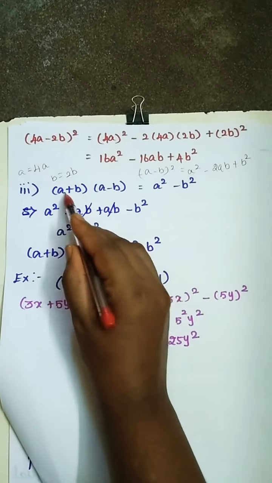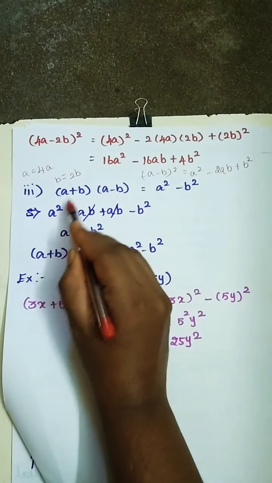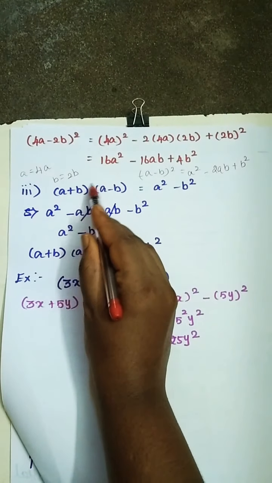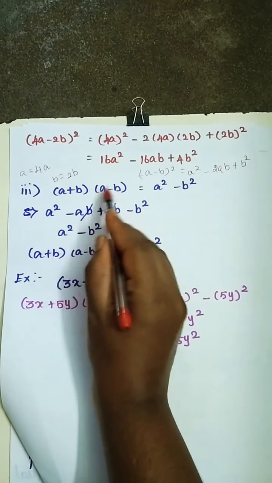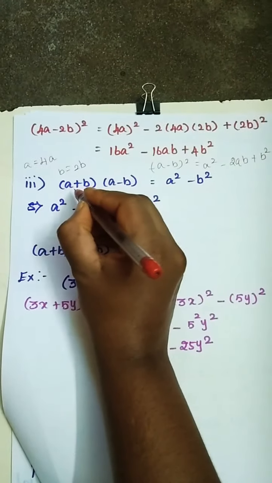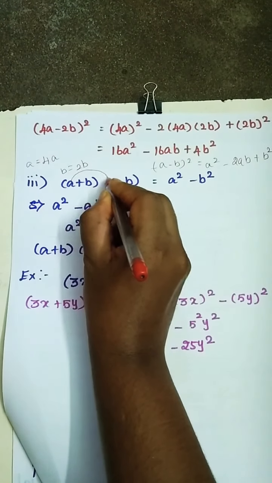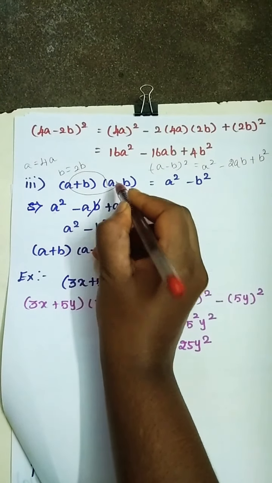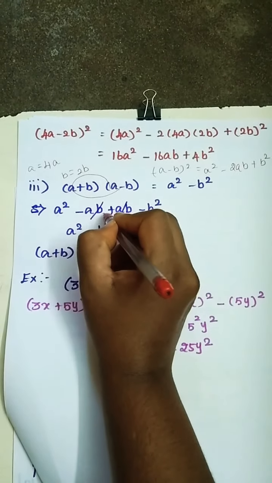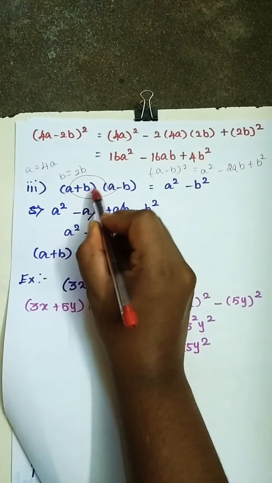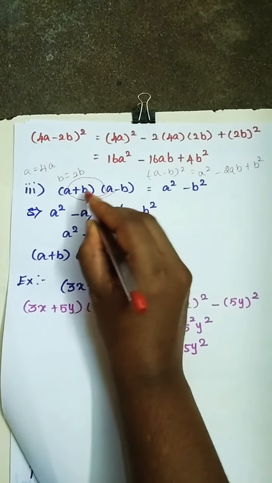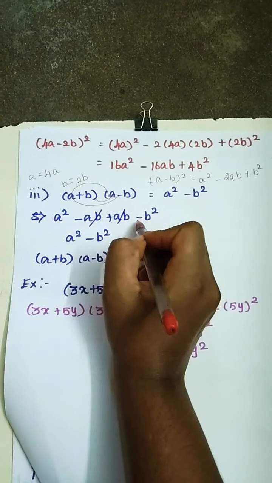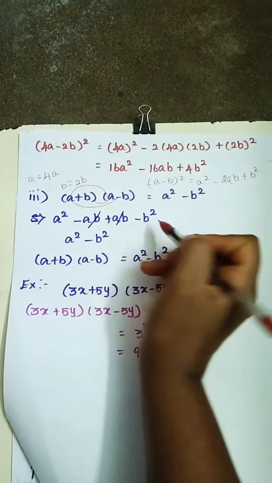First, a into a is a square; plus into minus, minus ab; plus ab; plus into minus, minus b into b square.